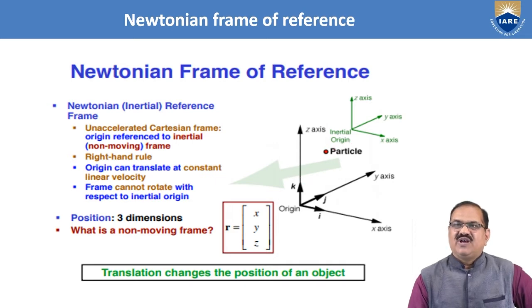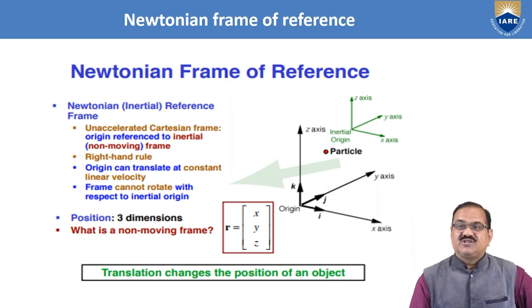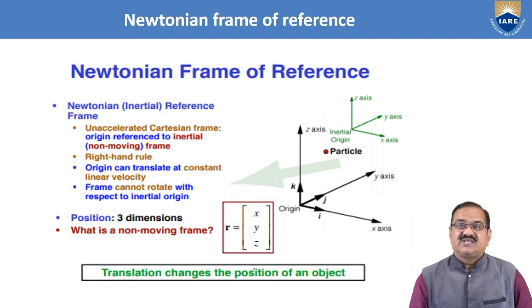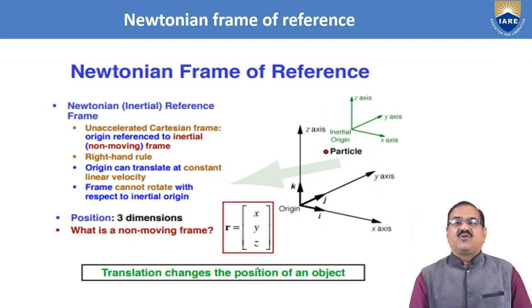This is the inertial origin, and here i, j, k is the earth system. This frame cannot rotate with respect to the inertial origin, so it remains at a constant position in 3 dimensions. What is a non-moving frame? Translation changes the position of an object. So the inertial Newton's frame is a non-rotating frame.